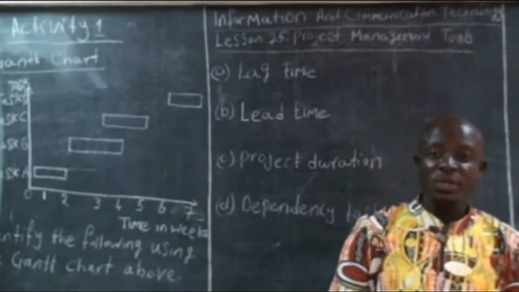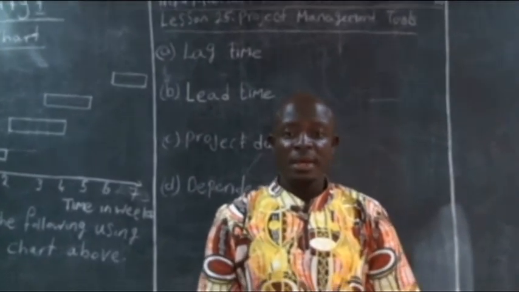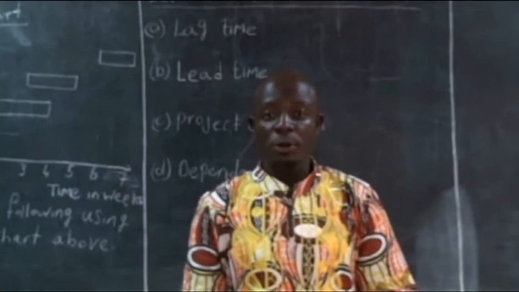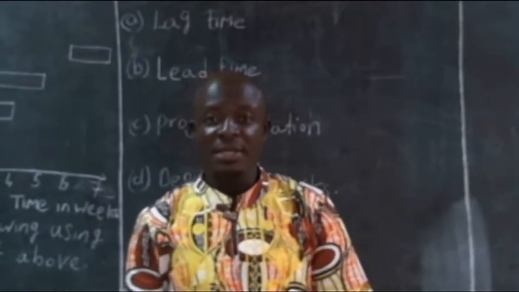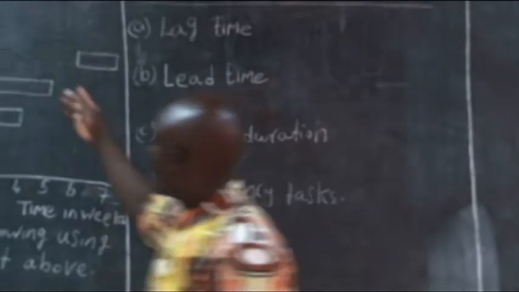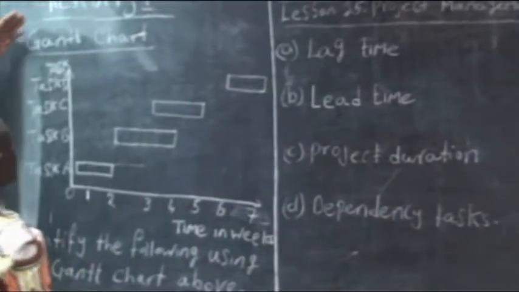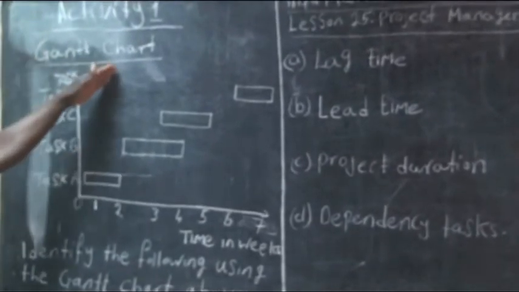Dear students, as we discussed, we are going to view our activity 1 as will be demonstrated on the board. Follow keenly, for these are important activities that you will need in the exams. Right on the board here, activity 1, we have a Gantt chart.